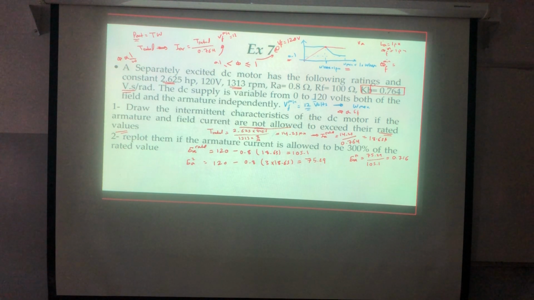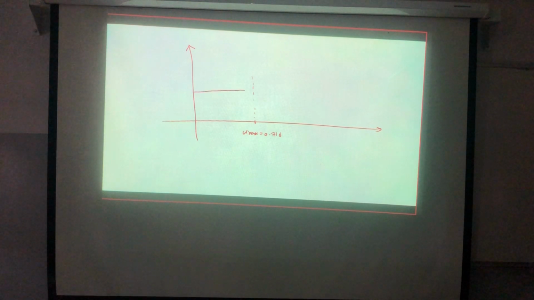If I need to plot this one, I think the second one here is free for me. So let's try to plot this one. Now we say that omega base is equal to 0.716 per unit. This line here is phi f normalized equal to 1 per unit.